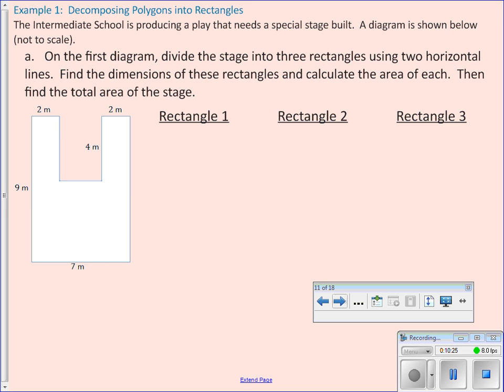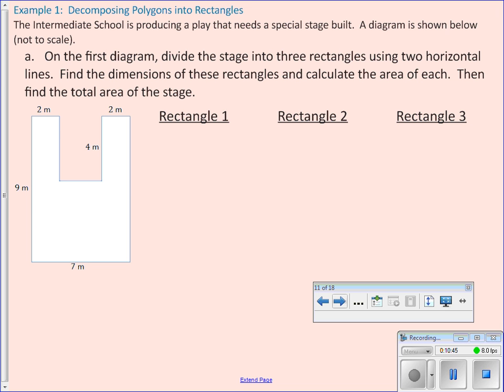So being the fantabulous, OCD, super organized teacher that I am, I made this worksheet for you. The only difference is your worksheet says rectangle ABC, and my board says 1, 2, 3. It's the same thing. Don't let that confuse you.